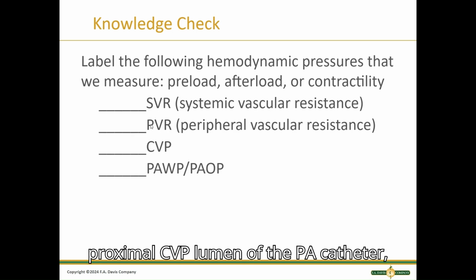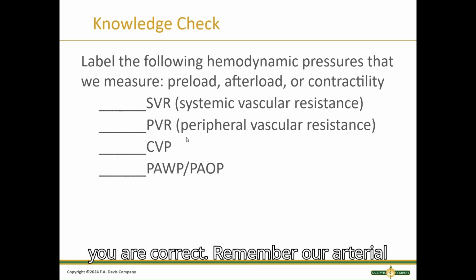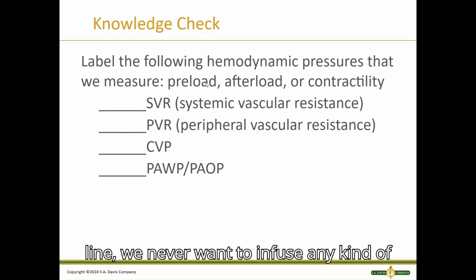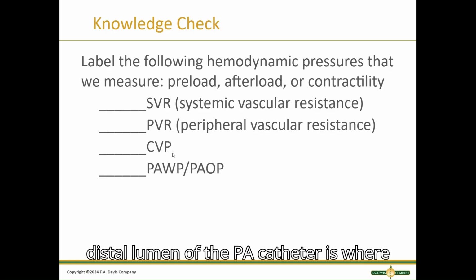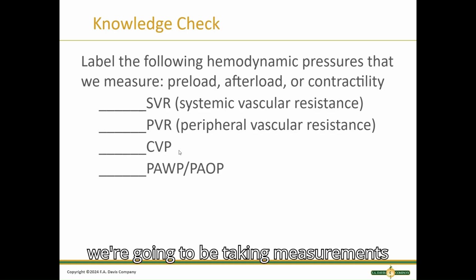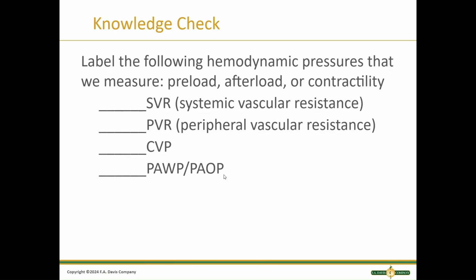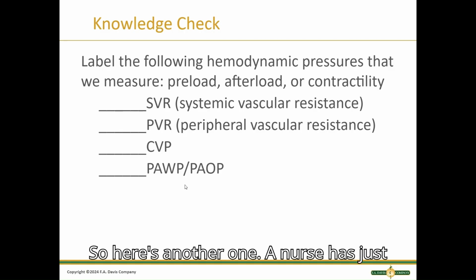When we're looking at peripheral vascular resistance, is this preload, afterload, or contractility? What are we looking at when we're measuring our CVP? And what are we looking at when we're measuring pulmonary artery wedge pressure or our pulmonary artery occlusion pressure?